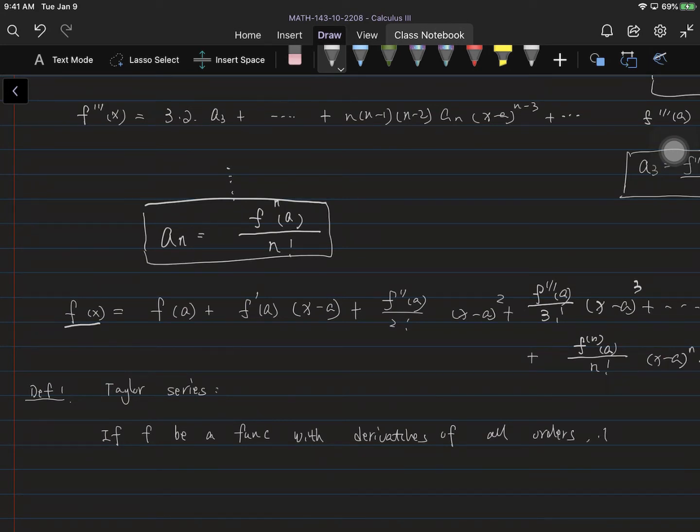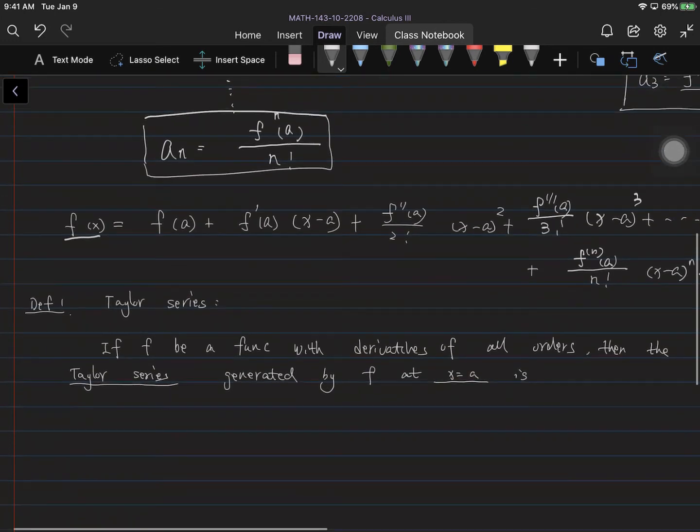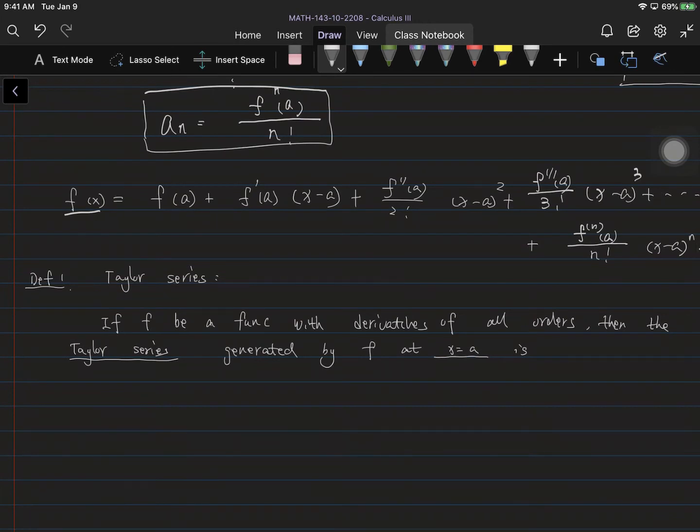Then the Taylor series is generated by the function at x equals a. A is like the center, right? Yes. Okay. It's given by this form.